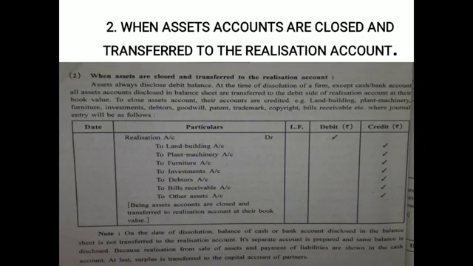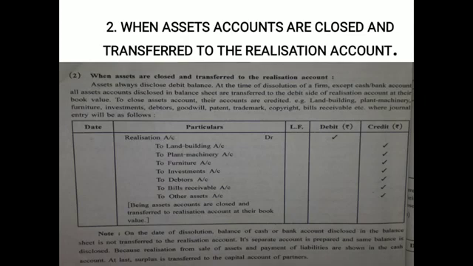Okay, we have an important note to be understood here. On the date of dissolution, the balance of cash or bank account disclosed in the balance sheet is not transferred to realization account. Why? Because its separate account is prepared and the same balance is disclosed.